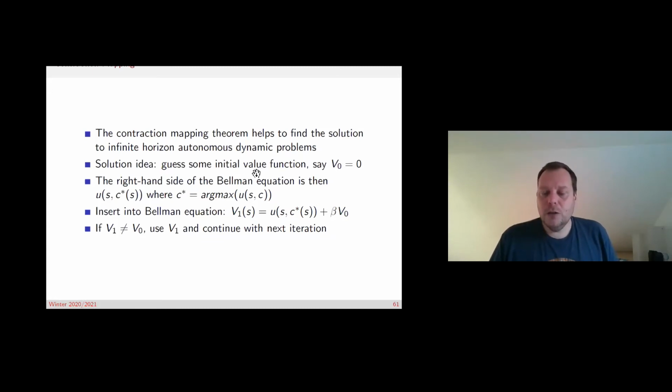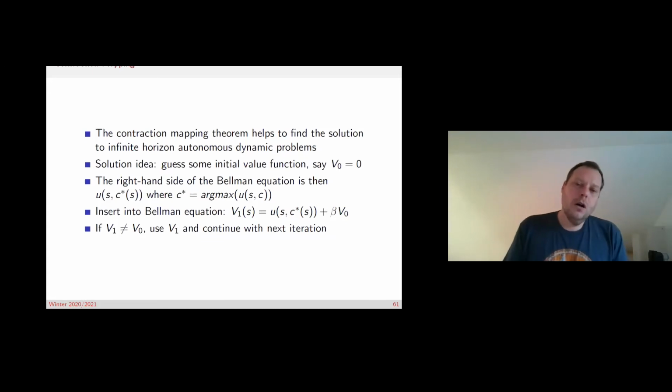So you start with any initial value function. As long as you do not have some intuition about which form to choose, an easy starting point is always to assume that the value function is 0.